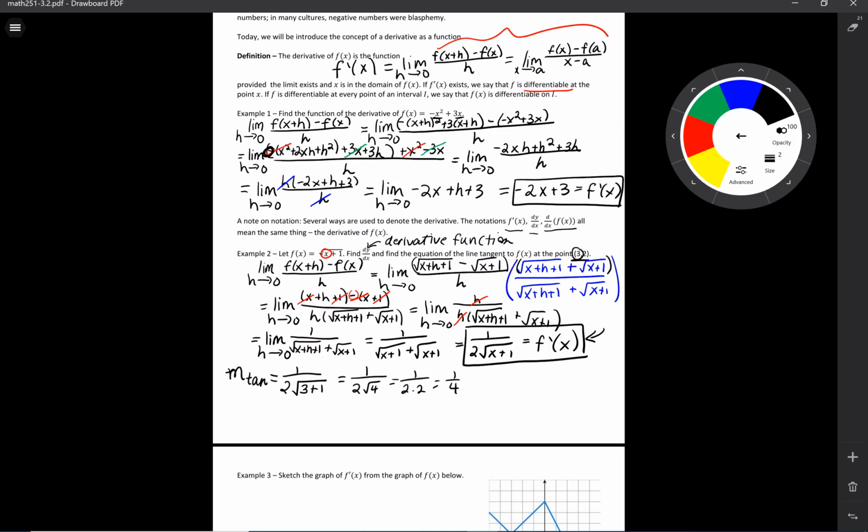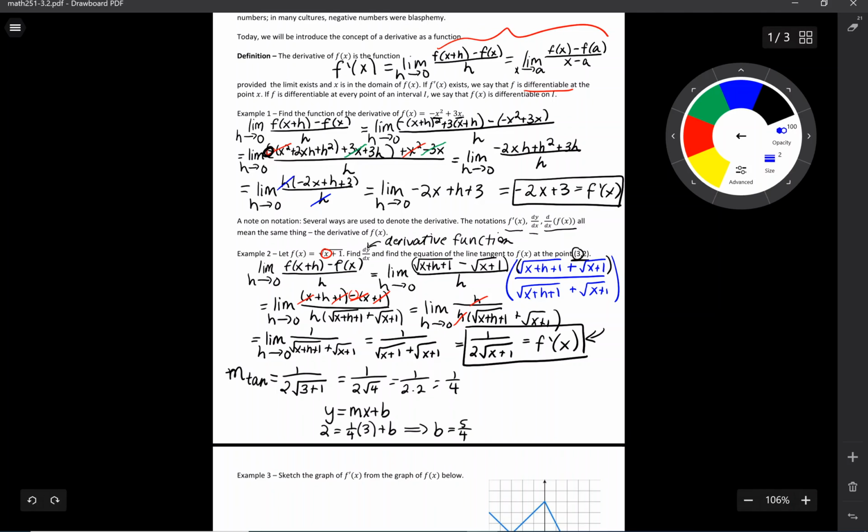And then to find our b value, our y-intercept, I simply plug into y equals mx plus b. My y value is 2. My slope is 1/4. My x value is 3, plus b. So this gives me b is equal to 5/4.